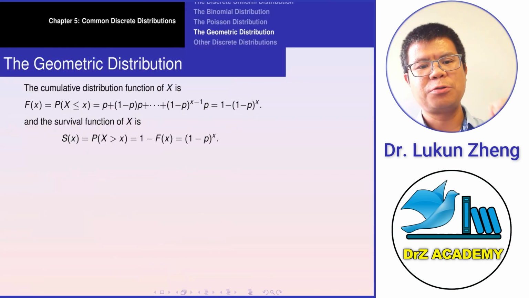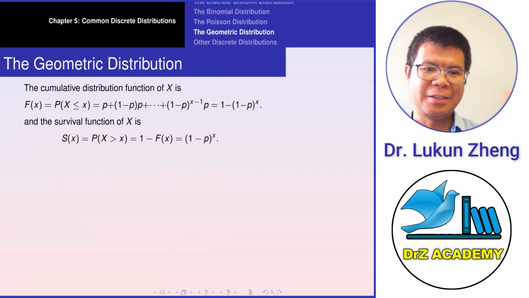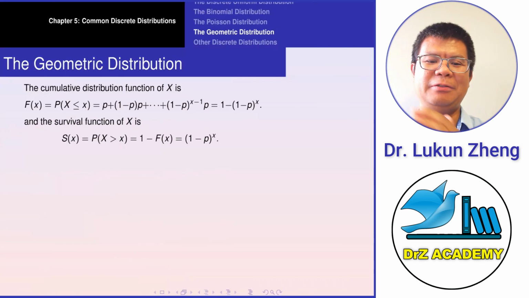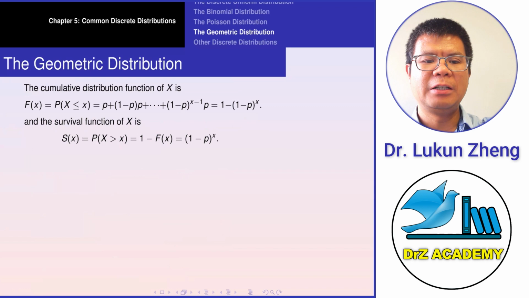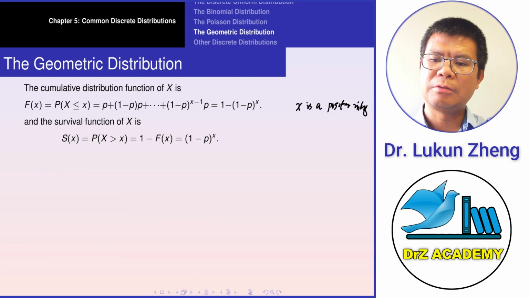And for a geometric distribution, we have the following cumulative distribution function. This one is the probability mass function, and here is the cumulative distribution function. It is defined this way especially when x is a positive integer.